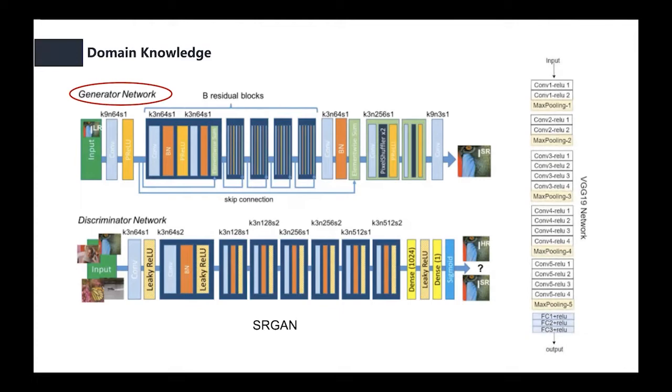Since the generator part of the SRGAN algorithm uses the exact same structure as the SRResNet model, we could use the previously trained SRResNet model to initialize the generator directly during training to speed up the convergence of the whole algorithm. The discriminator network is constructed by several convolution blocks.